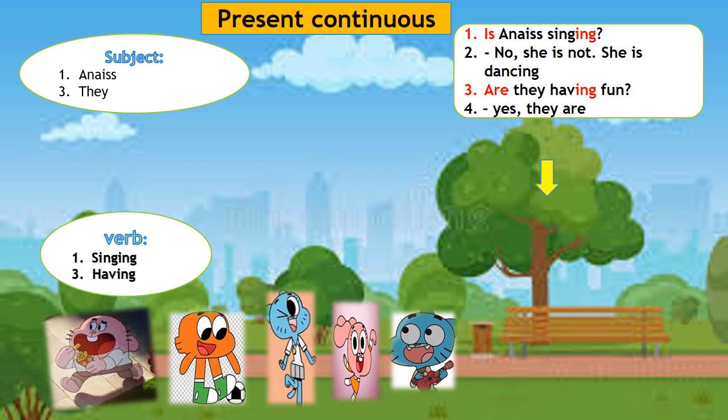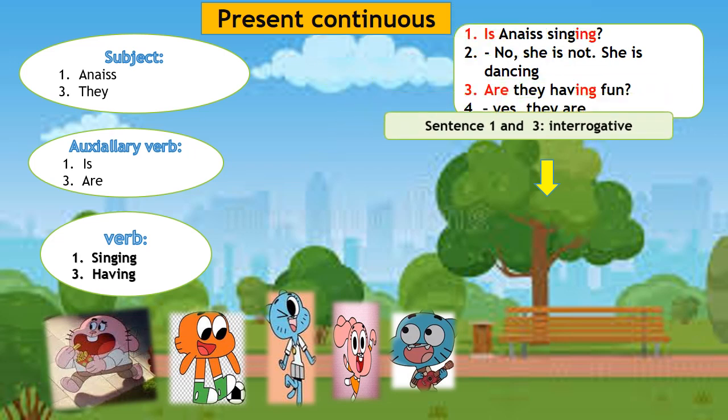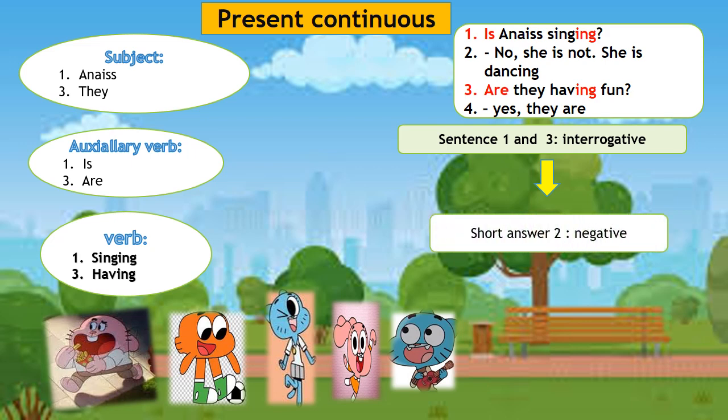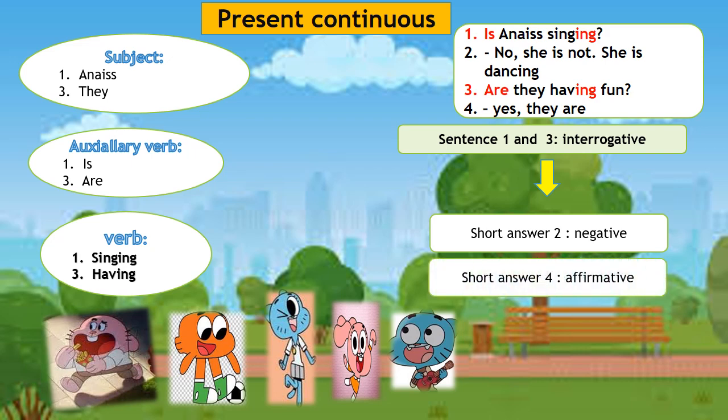Auxiliary verb of sentence number 1 and number 3 is are. What is the difference between sentence number 1 and number 3? They are interrogative. What is the difference now between number 2 and number 4? Yes, number 2, the short answer is negative. And the short answer, number 4, is affirmative.